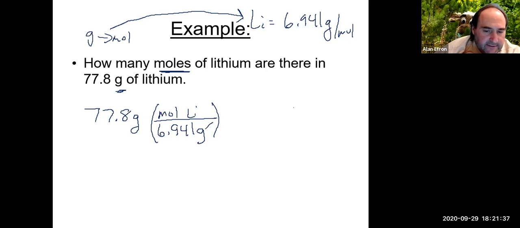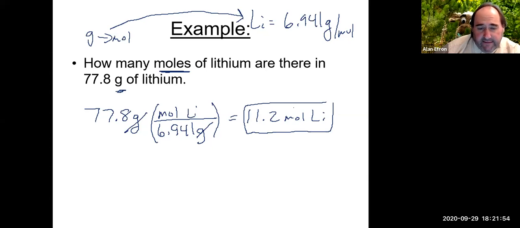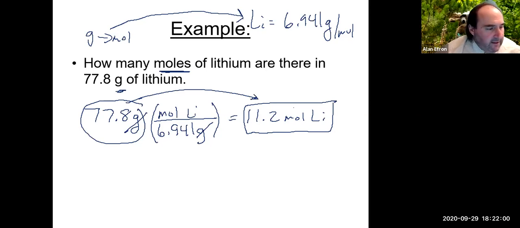Grams will cancel each other out, and we will end up here with 11.2 moles of lithium. Again, in terms of sig figs, still looking at this number here, 3 sig figs and 3 sig figs on that number at the end. Question on that?